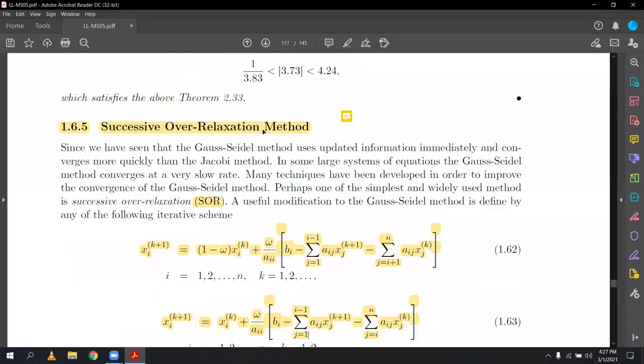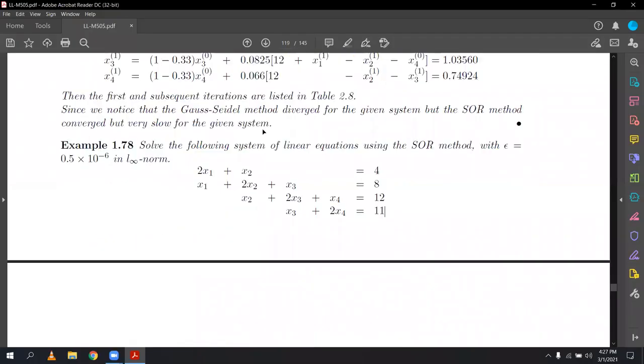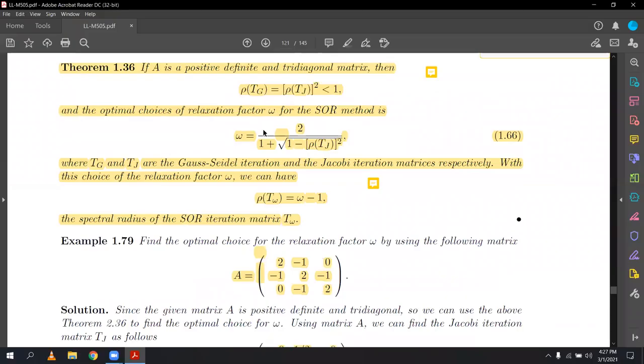Where is that one? Theorem 1.36. This is the way you can find omega. Only this is the way, no other way. So you only need to calculate what? The iteration matrix for the Jacobi, and then take its spectral radius, and then use this formula.